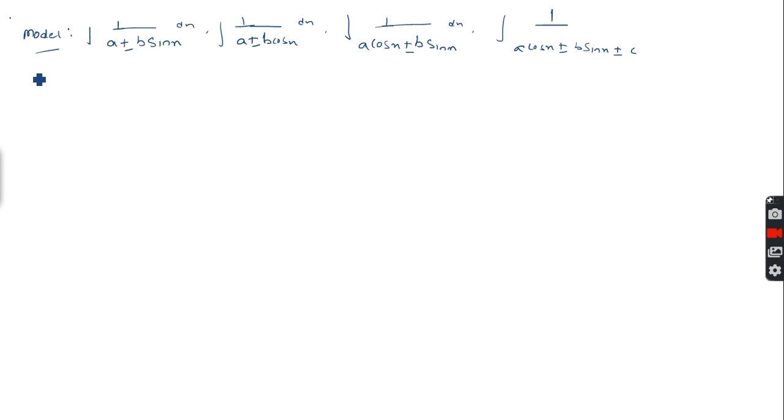Here a, b, c are nothing but arbitrary constants.